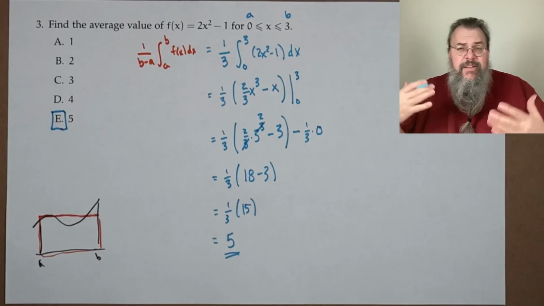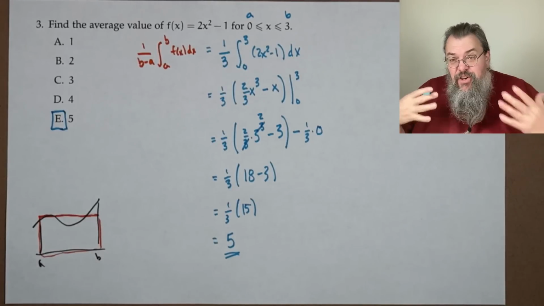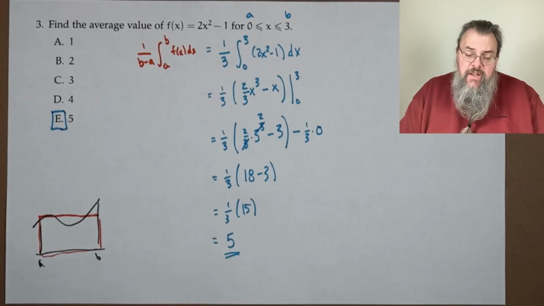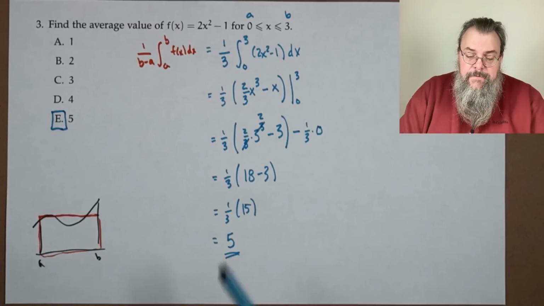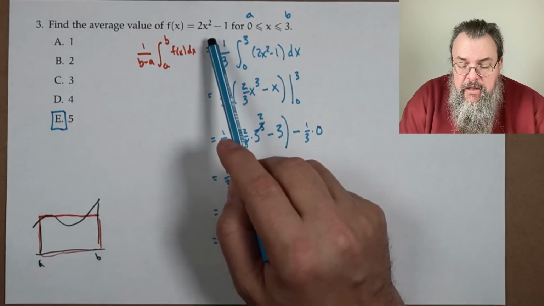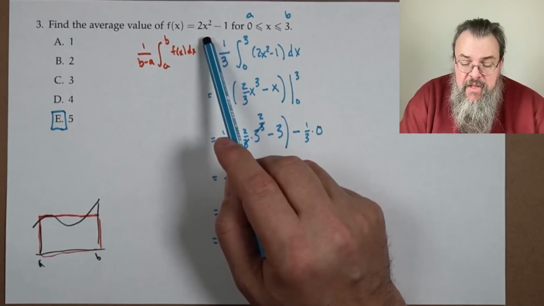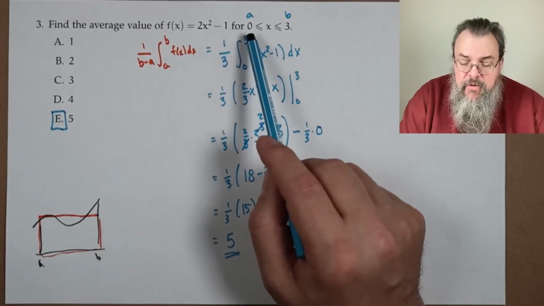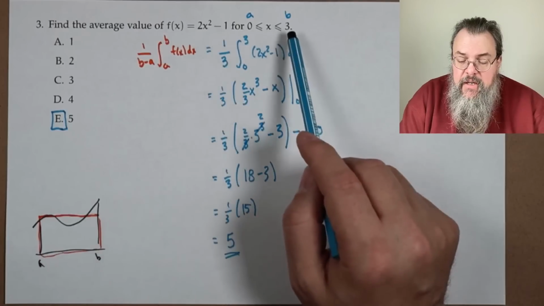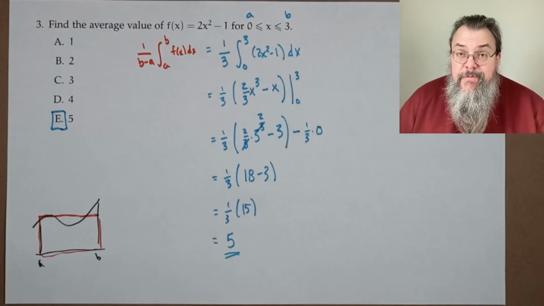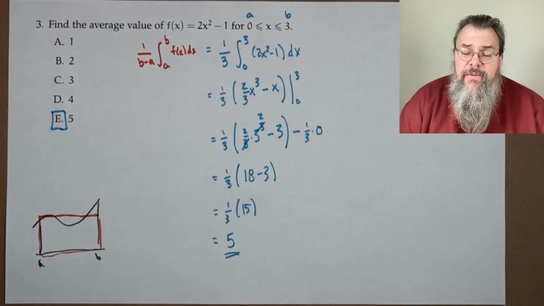Now, you might say, is there any sort of thing I can check for reasonableness? Well, one thing you can look at is think about, well, what can you say about the values for the function? And if you look at this, you say, oh, it's a parabola, and it's going to be going up. Starting at 0, it's at -1, and at 3, it'd be 17. 2 times 9 minus 1.